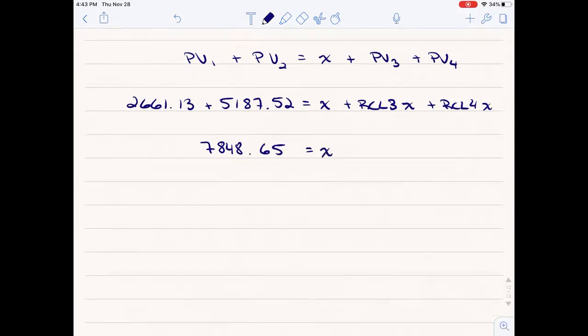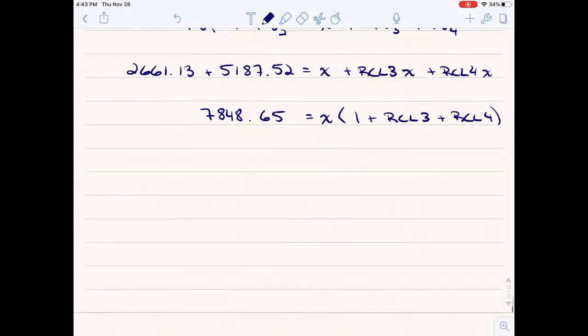And pulling out a common x, I get x times 1 plus recall 3 plus recall 4, which is x times, I like my coefficients out front, so 1 plus recall 3 plus recall 4, I get 2.884505028 times x is 7,848.65.